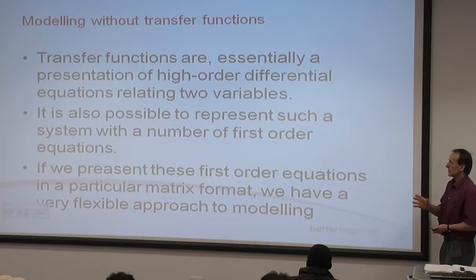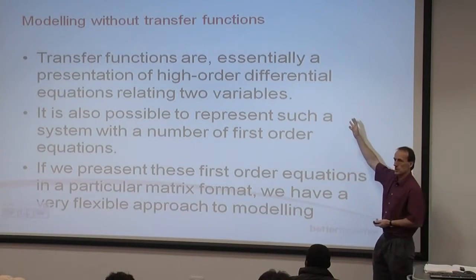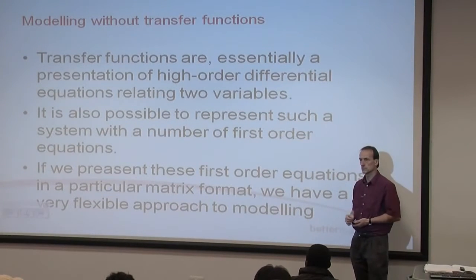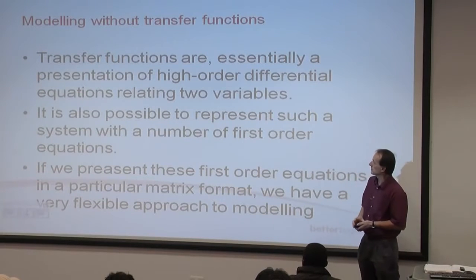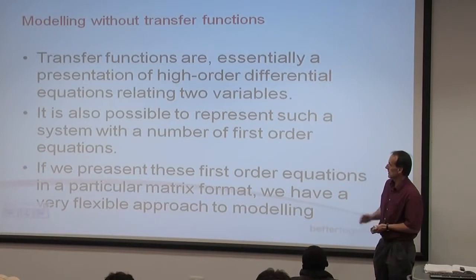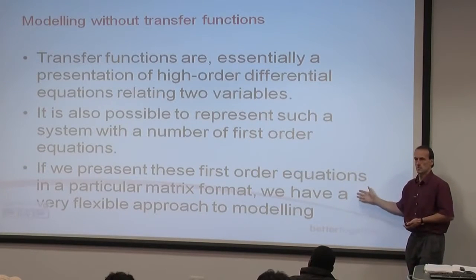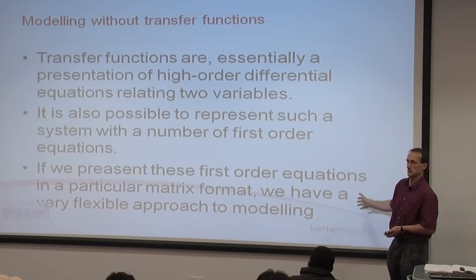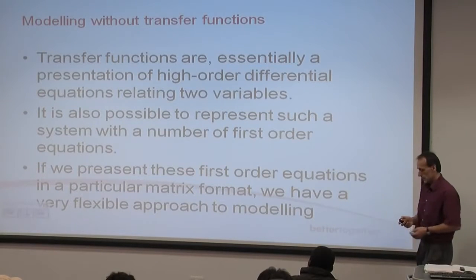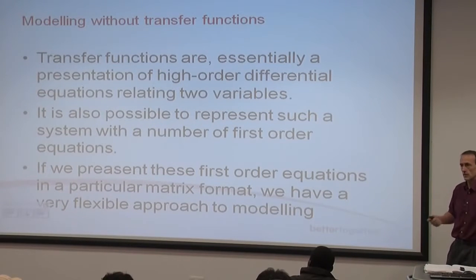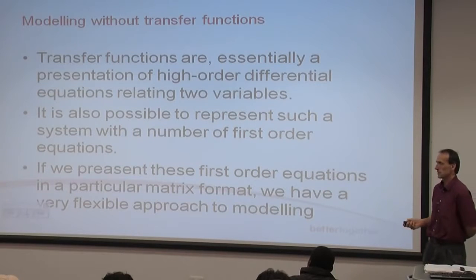What we're going to do is look at taking our high order differential equation, sort of second order, third order transfer function system, and representing it as a bunch of first order equations in a specific matrix format. If we do that, you'll see in just a second that we can develop a very much more flexible approach to modeling.